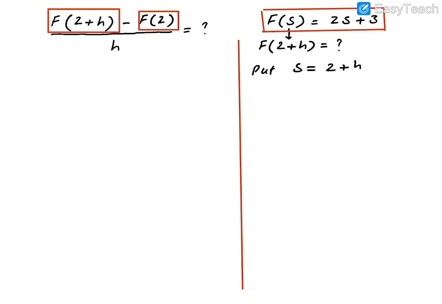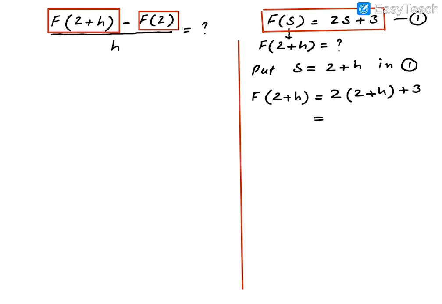Say this function is equation 1. So put s = 2 + h instead of s in equation 1. So f(2 + h) equals 2 into what is s? 2 plus h, plus 3.